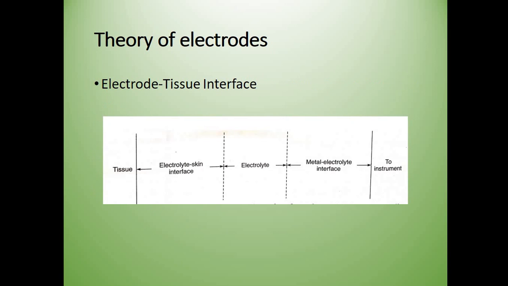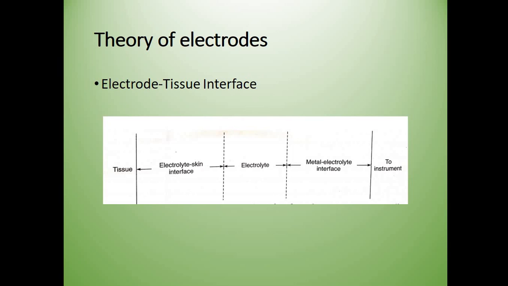Now, to understand the theory of electrodes, let us look into the various interfaces that are found due to this electrode tissue interface. So we have the tissue or skin on one end, the electrode or the instrument on the other, and in between the electrolyte.